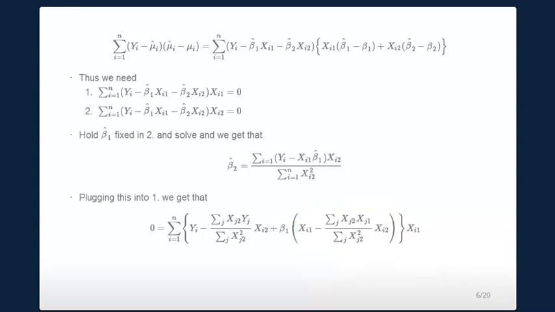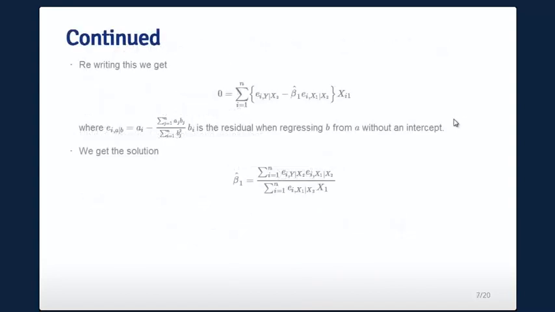So we can write that equation as the ith residual if we had regressed x2 out of y, minus beta 1 hat times the ith residual had we regressed x2 out of x1. Okay? In both cases, regression through the origin. And we can then just solve this.